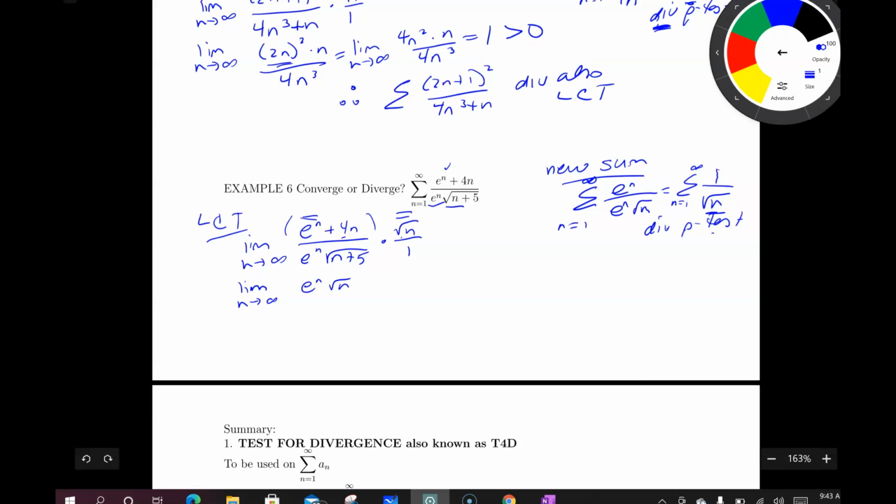This times these two multiplied together would give me a smaller power. On the denominator, there it is again, the same thing. So that's 1. They both do the same thing since this is bigger than 0. So I get that this one must diverge also by LCT.